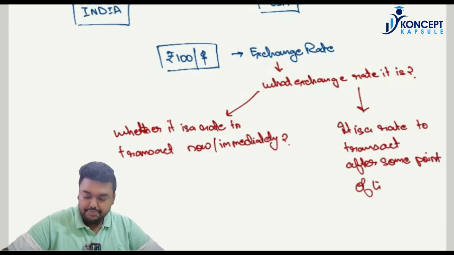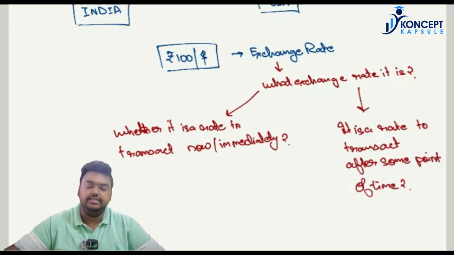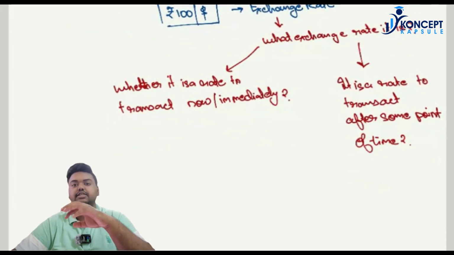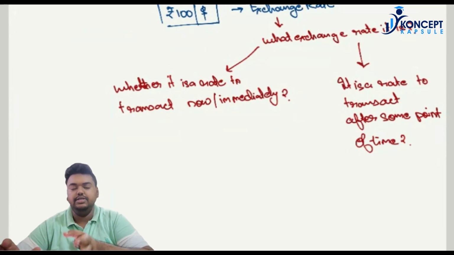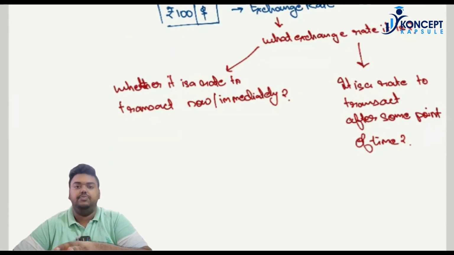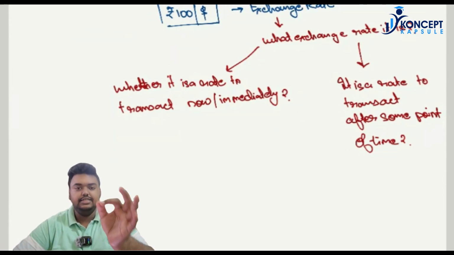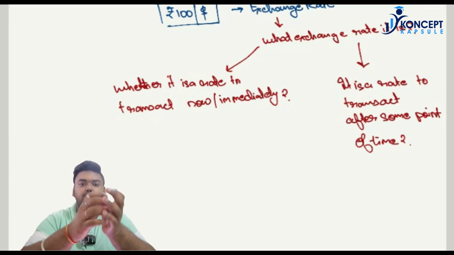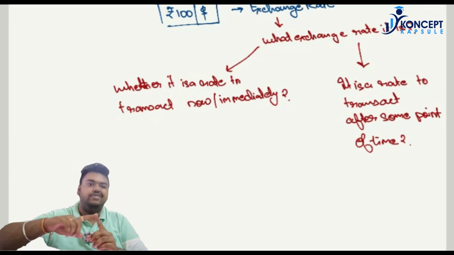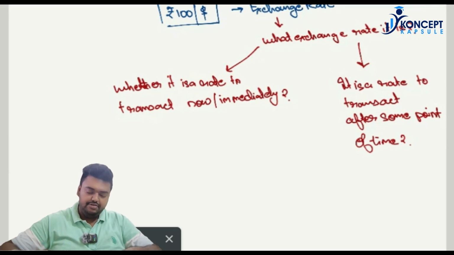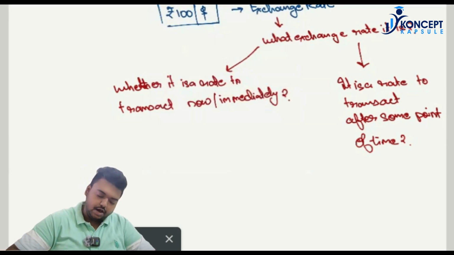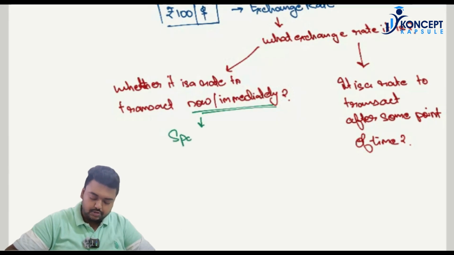See, this is a very pertinent question that we need to understand. Whenever I am saying that the exchange rate between India and US is rupees 100 per dollar, the next question is whether this rate will be used for transacting now or whether it will be used for transacting in future. If this rate is used for transacting now, it is known as spot rate, right?